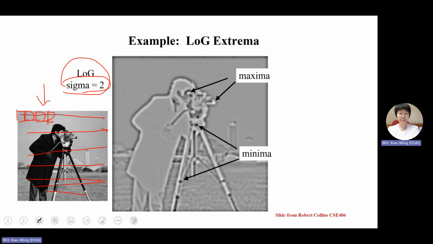the white pixel indicates maximum response. So you will observe the white pixel here, the brightest pixel at this position and this position, and also the darkest pixel here and here.